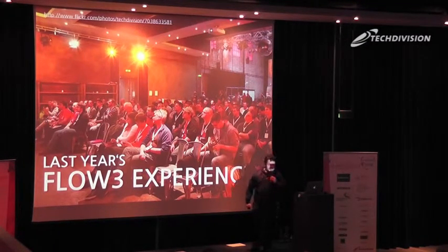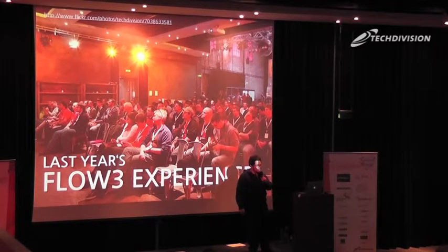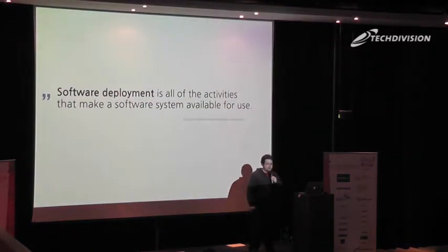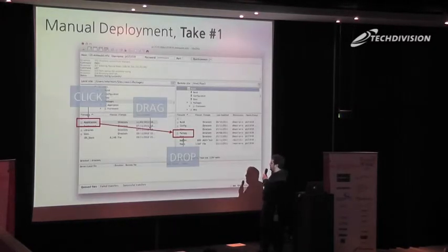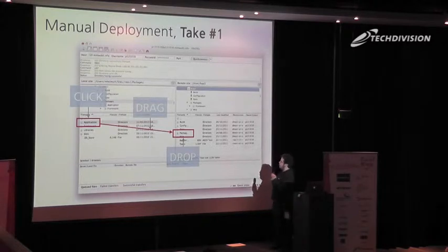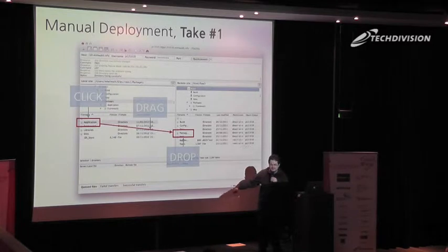All right, so basically it's about software deployment, and maybe I'll begin with a short look back into the history of software deployment. When I started with web application development, I deployed my software like this. That was quite some time ago. I didn't develop Flow 3 back then.